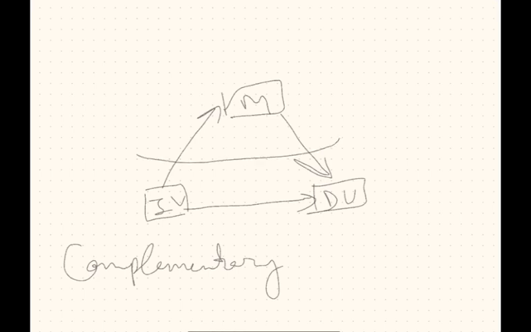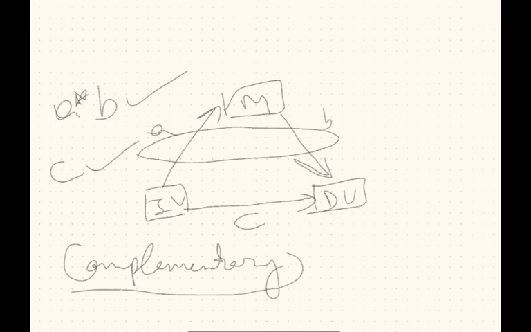So the indirect effect A multiplied by B is significant, and the direct effect C is also significant. You came to find out this. How you find out this? I have explained in my previous videos what is the logic behind it, to understand conceptually what you mean by mediation, moderation and moderated mediation. Now, this is a complementary mediation or partial mediation case.